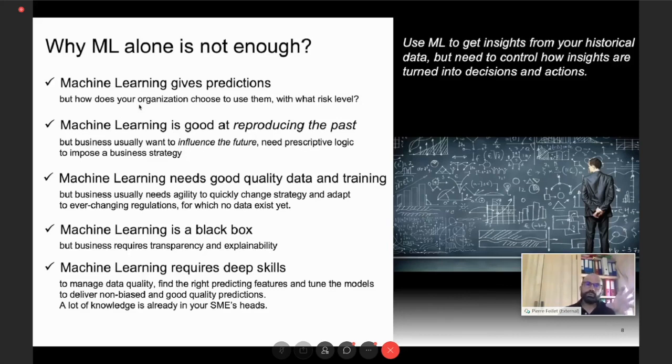ML is good at reproducing the past, and for example, in this COVID period, many ML models that have been trained in a kind of normal mode have been totally out of their prediction spaces for the last weeks, because the conditions are not nominal at all.